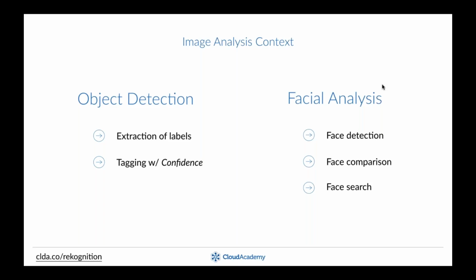So we can do mostly two things with Amazon Rekognition. First of all, we can do object detection. So objects or scenes or labels detection basically means that we want to analyze the image and extract a set of concepts or labels that represent that image.